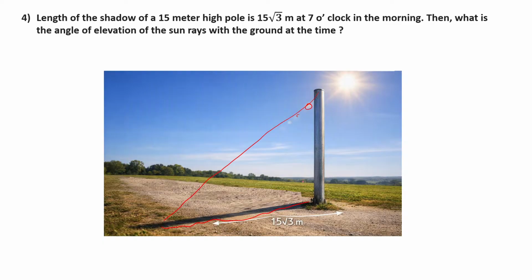This one is forming a right angle triangle if you observe. Now the length of the shadow is given as 15 root 3, and the height of the pole is given as 15 meters. We need to find the angle of elevation of the sun.